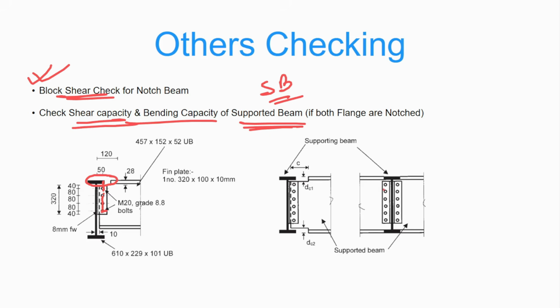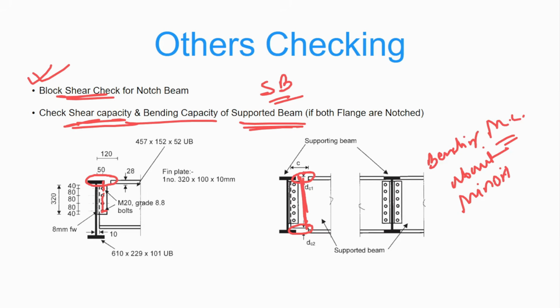And let's say you have removed both flanges, top and bottom. In that case, in association with this block shear check, you also have to check the overall shear capacity of this web and the bending capacity, bending moment capacity about the minor axis.